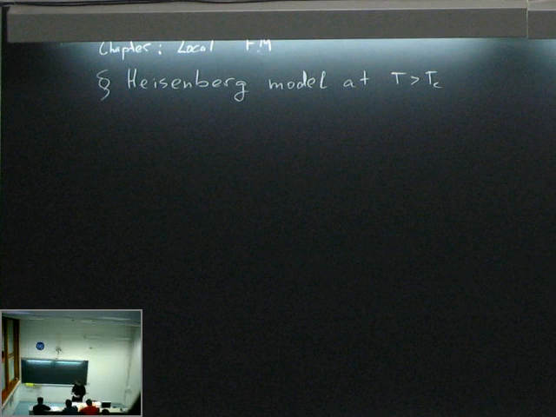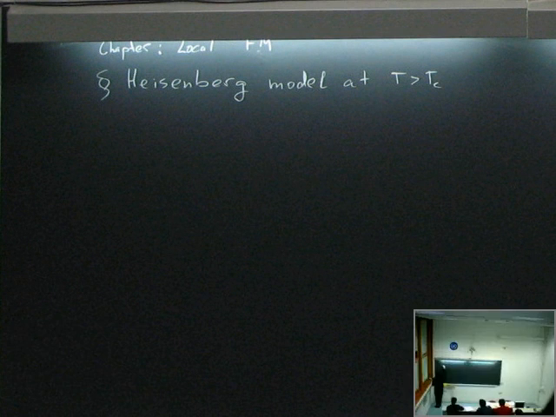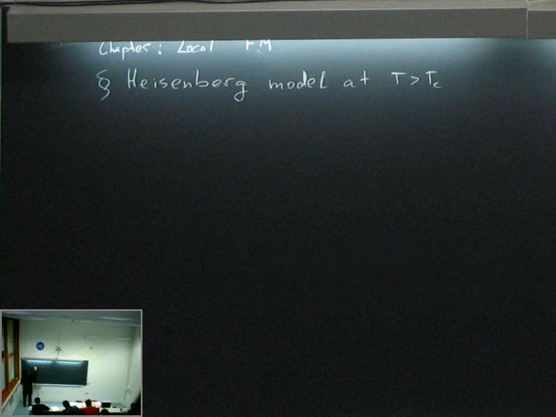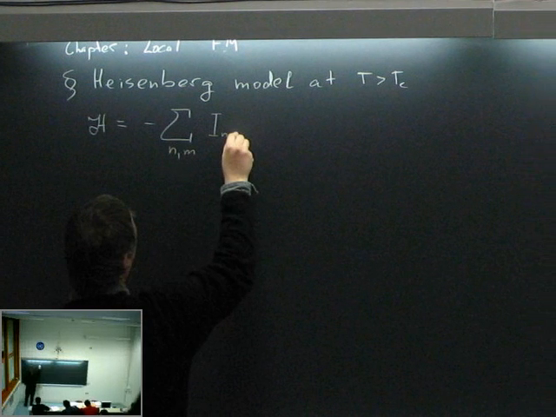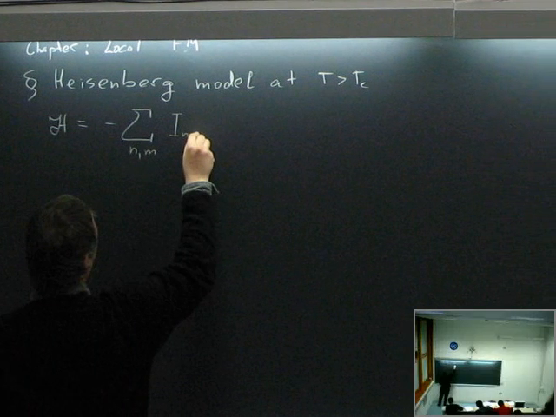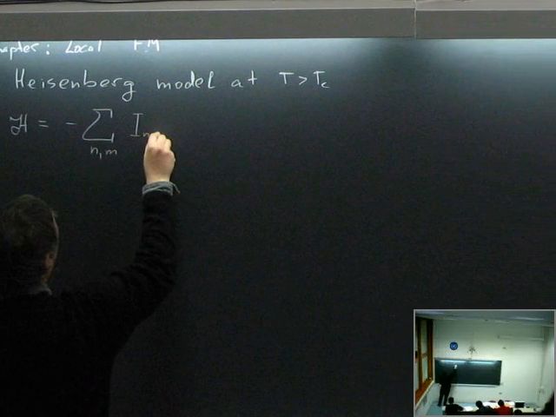Okay, then we start with a model described by the interaction Hamiltonian, the sum over n, m of I_nm S_n dot S_m.